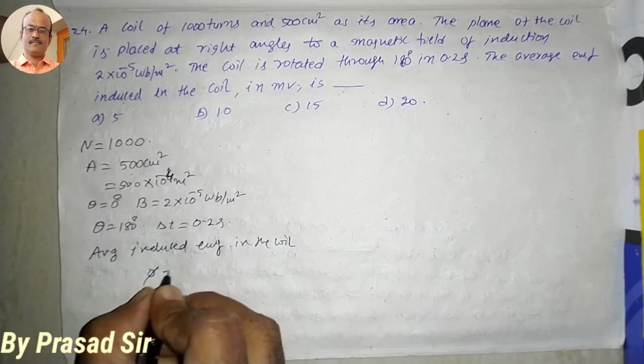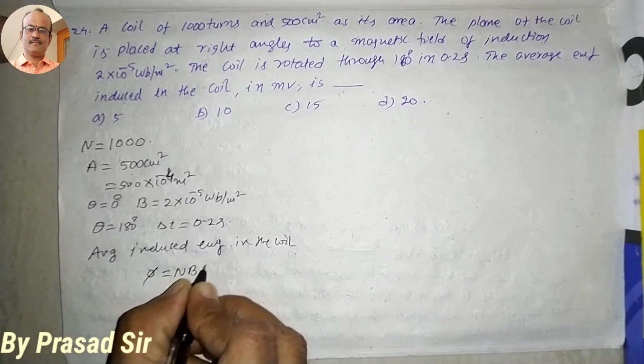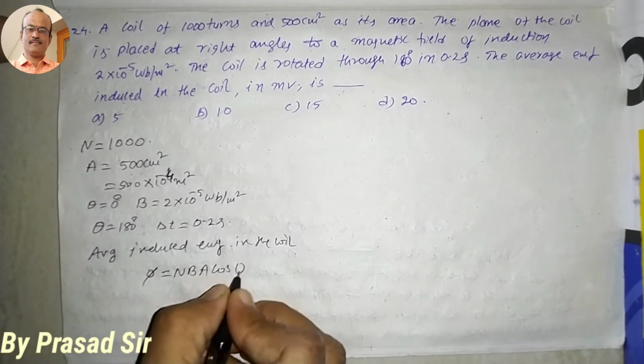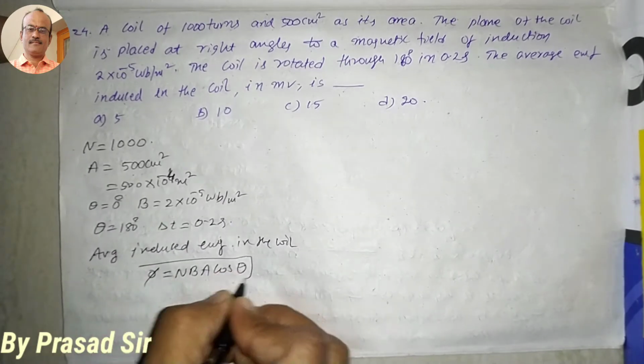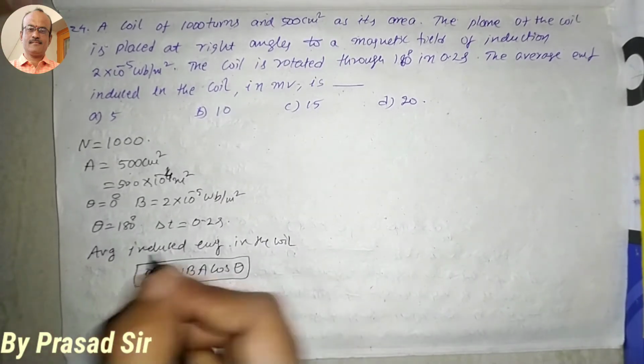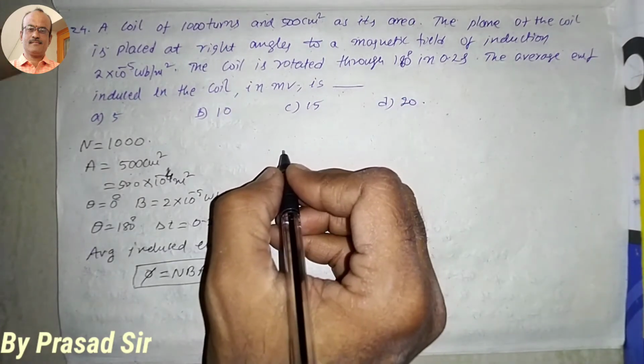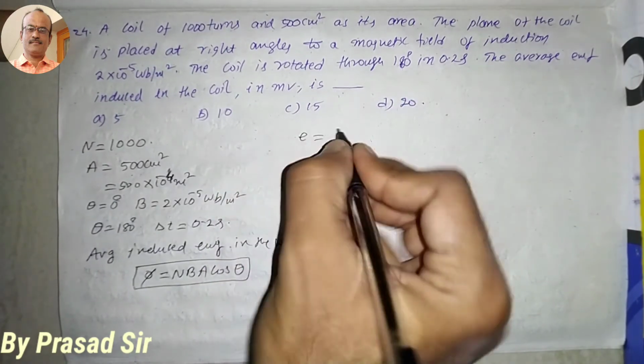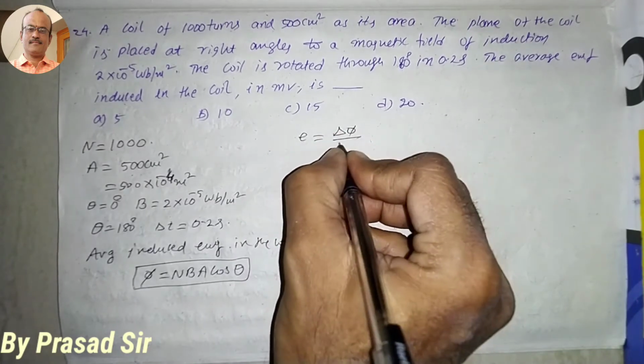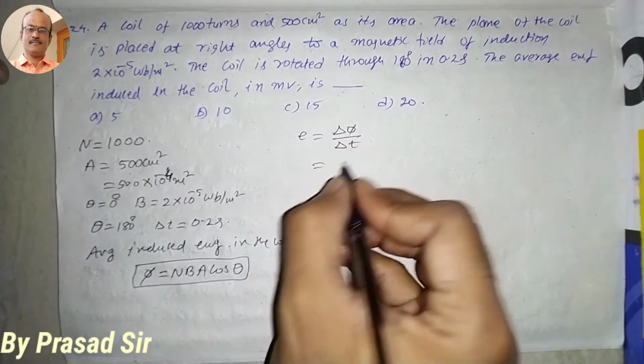We know that phi is equal to N B A cos theta. This is the formula. But which one do we want to calculate here? That is the average induced EMF. So that means E is equal to delta phi divided by delta t. So what is delta phi?